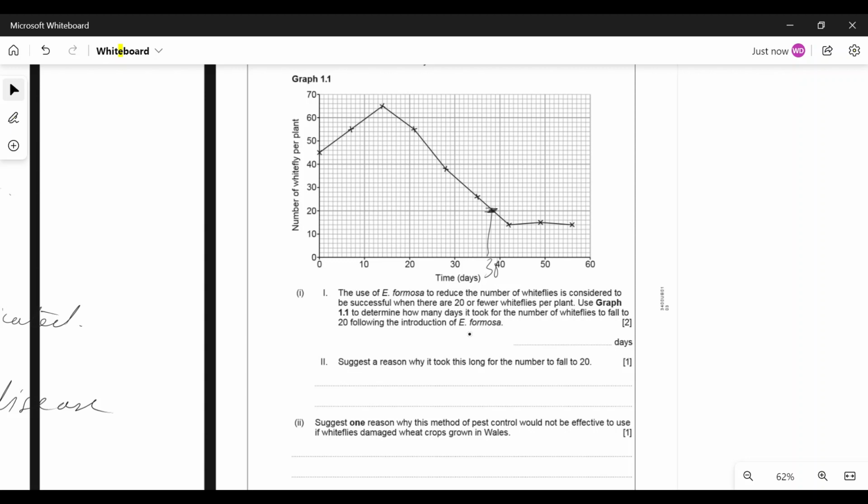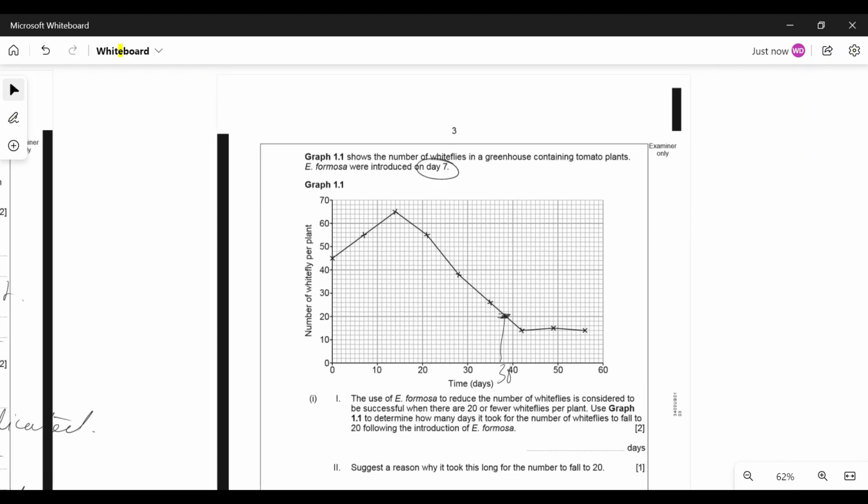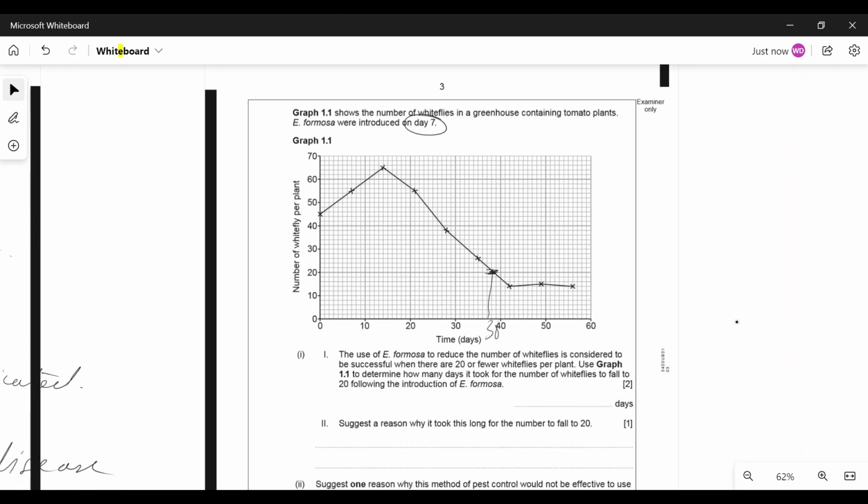And it was introduced on day 7. You need to read the question. There we go. So on day 7, at this point here, it was introduced. So from there all the way to there is how long it took for it to work, for it to bring it back down below 20.